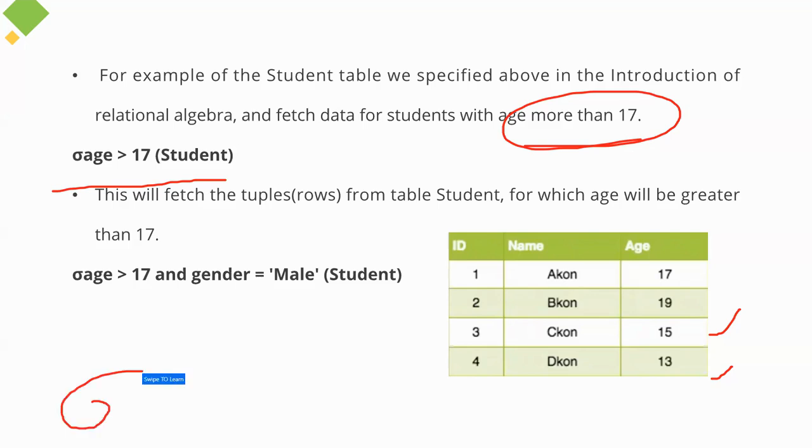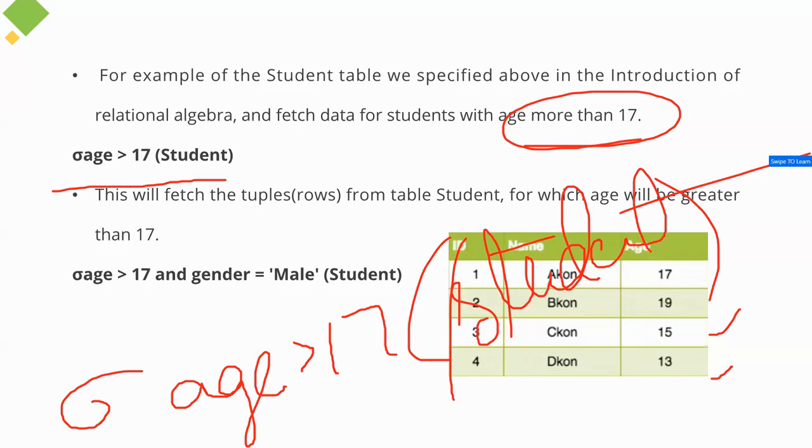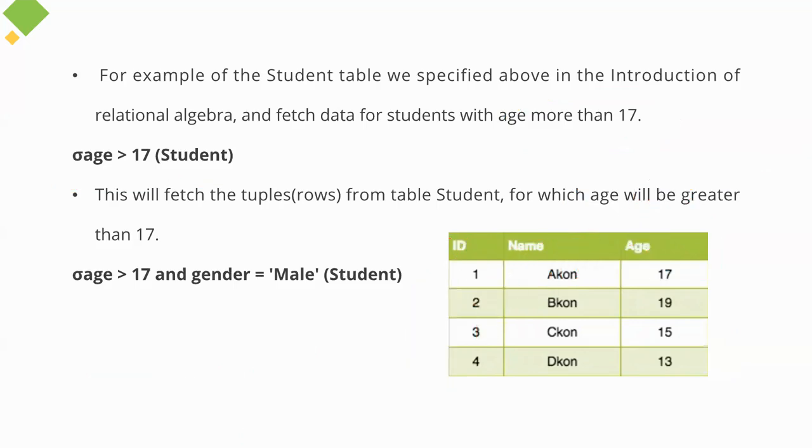What is my propositional logic here? Age should be greater than 17. From which table? What is my relation? This is my table, and I name the table as student. So what will be the result? Greater than 17, I have only Bcon.